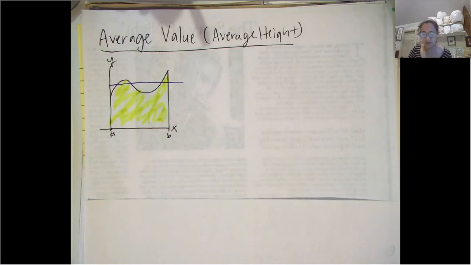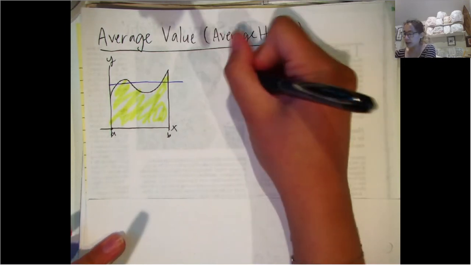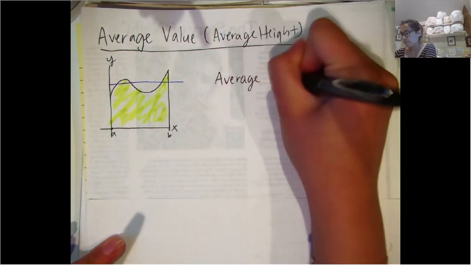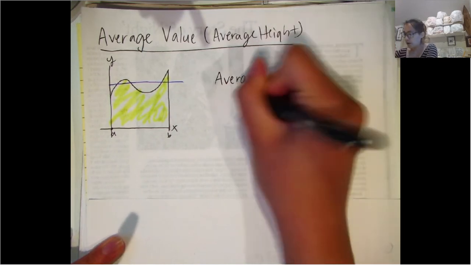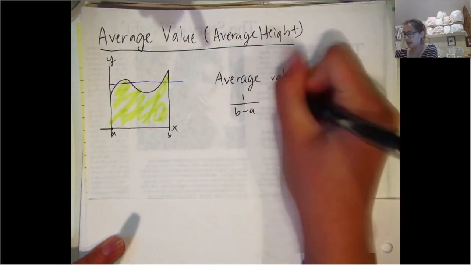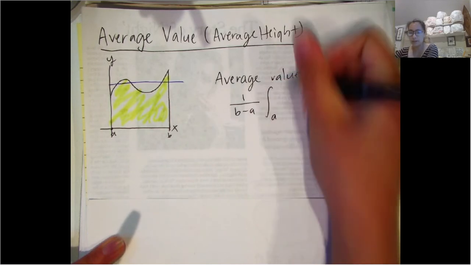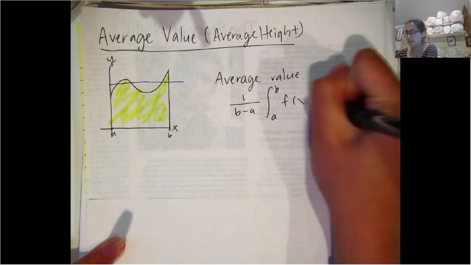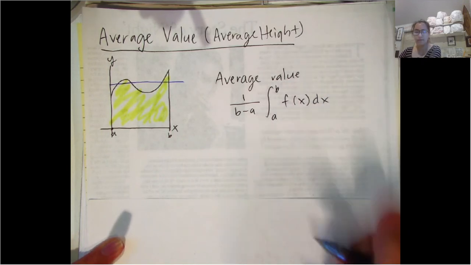And so the way we find this algebraically is we use the definite integral. So average value or average height is going to be given by 1 over b minus a times the integral from a to b of f of x dx.